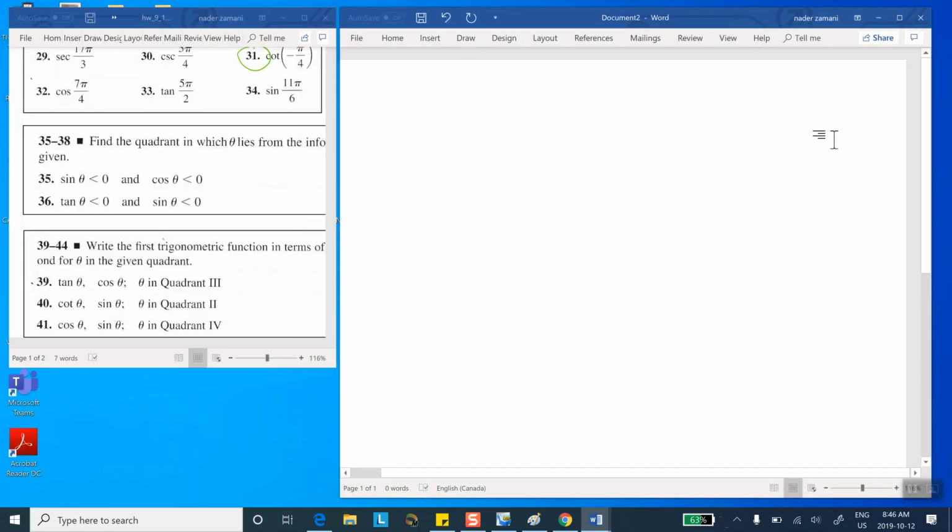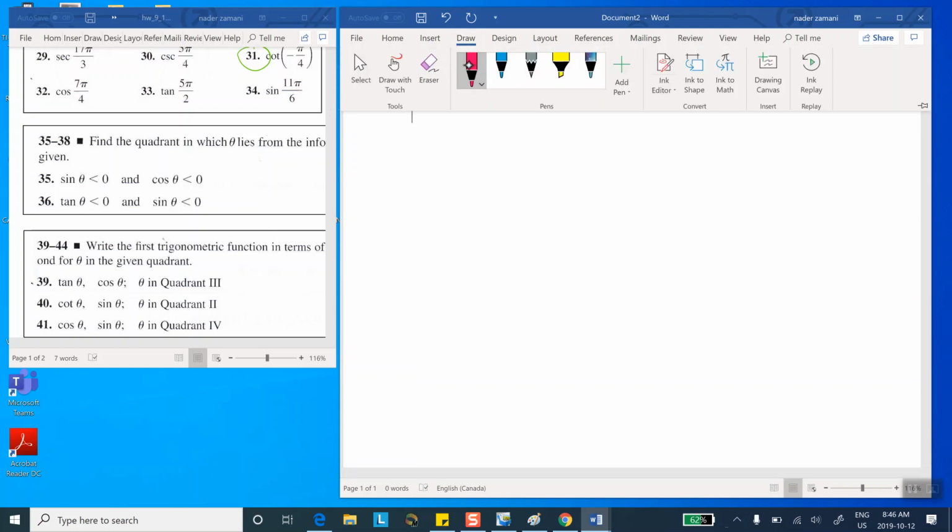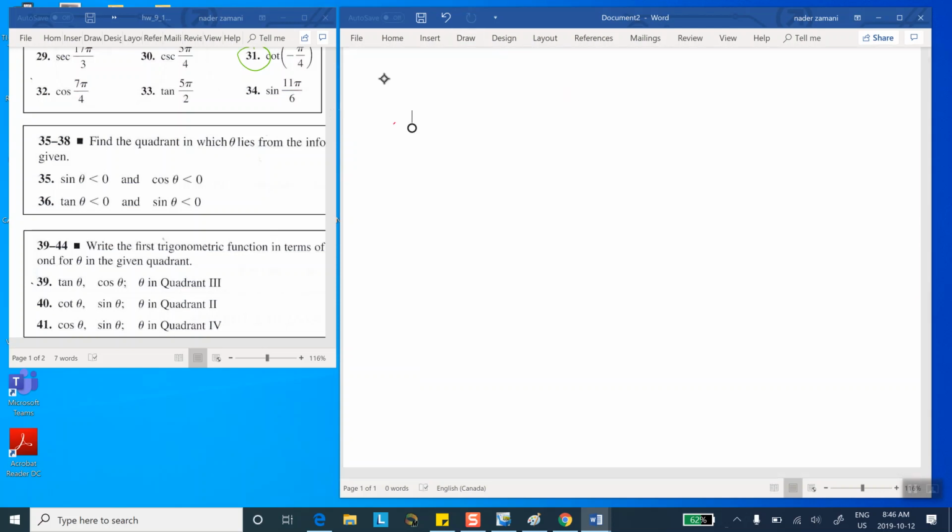All right. Now these type of problems we have already done when we were doing chapter 2, discussing unit circles, etc. It's the same type, it just appears here in this section. Find the quadrant in which theta lies. So we are looking at problem 35.